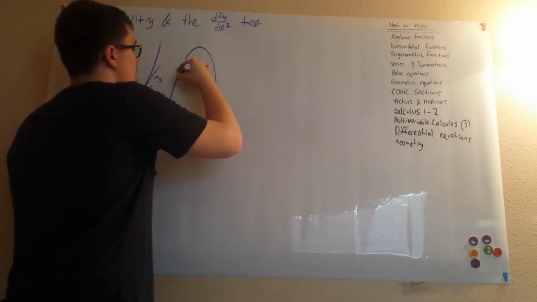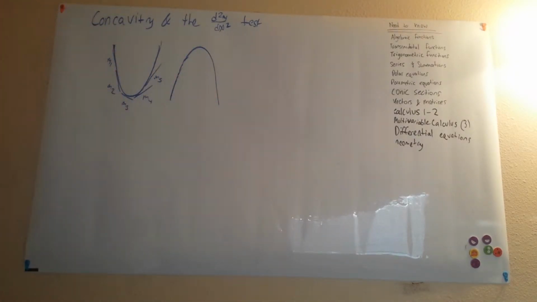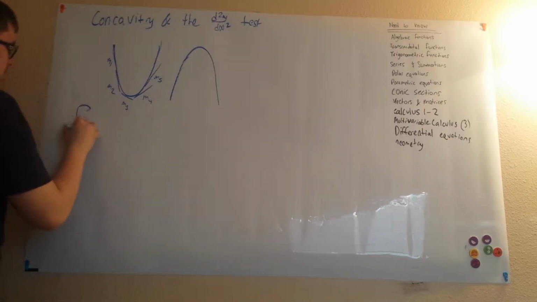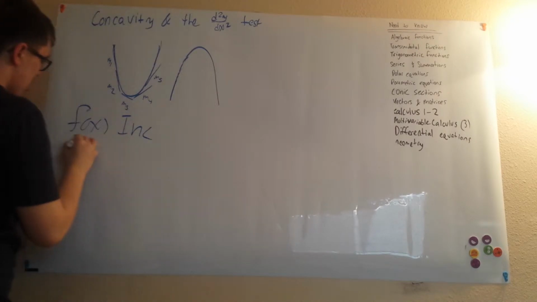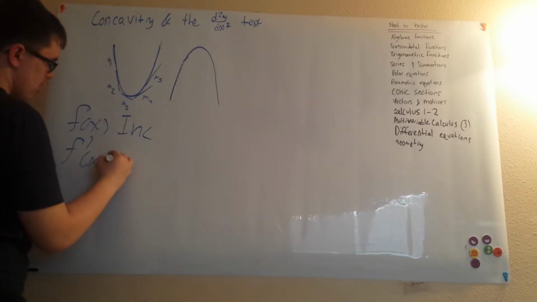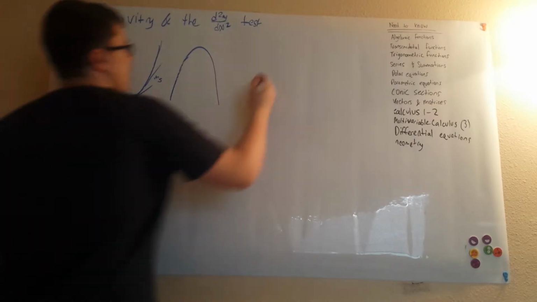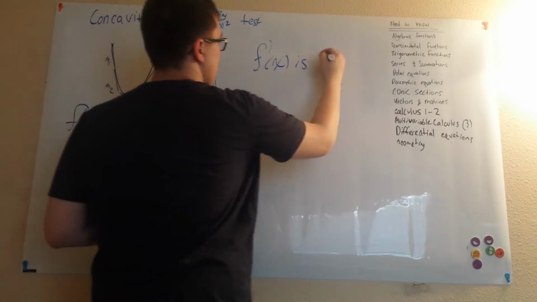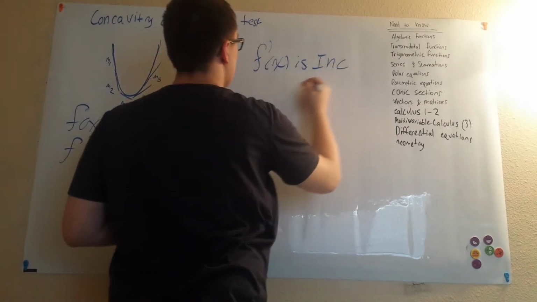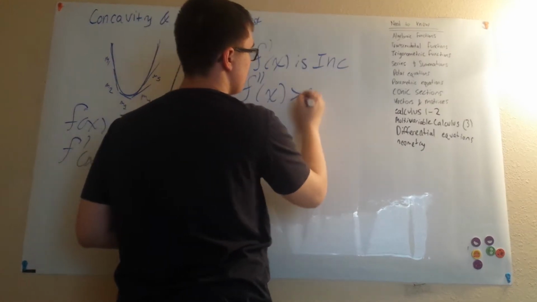Remember I said if f of x is increasing, f prime of x is greater than 0. Well, if f prime of x is increasing, then f double prime of x is greater than 0.